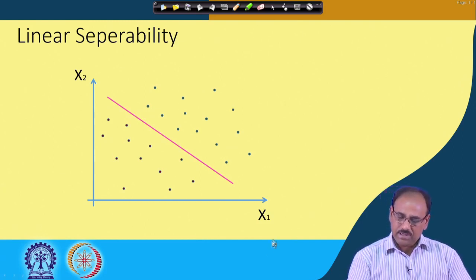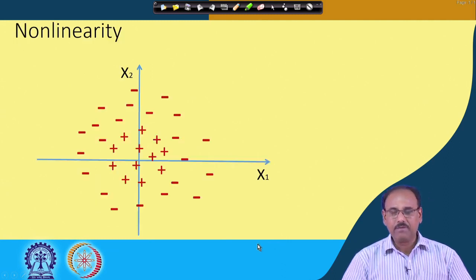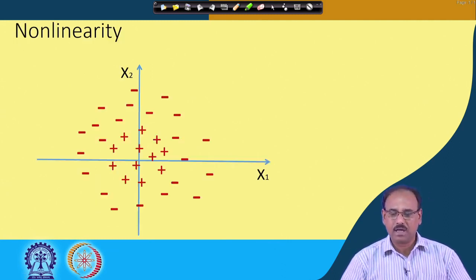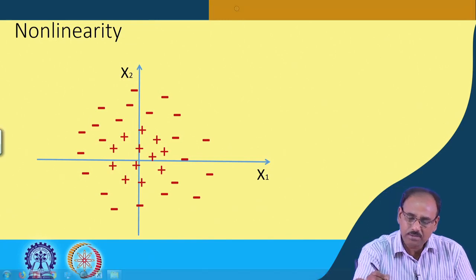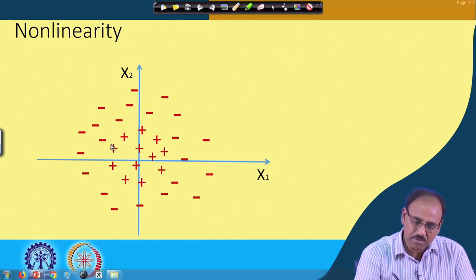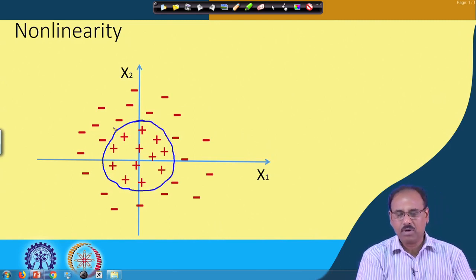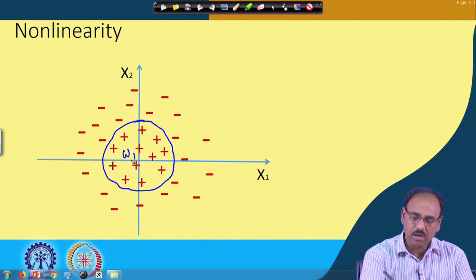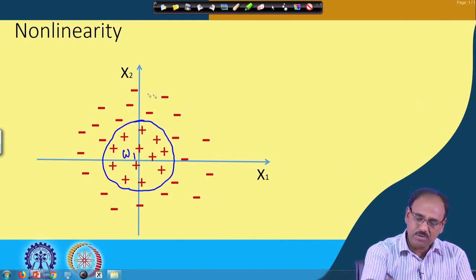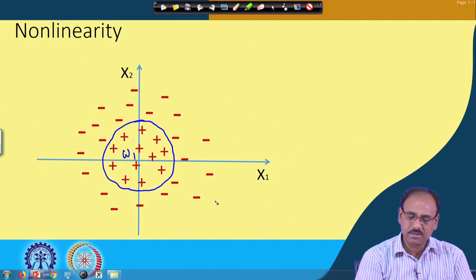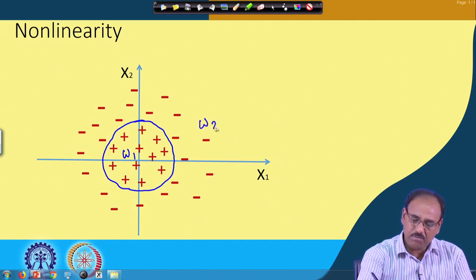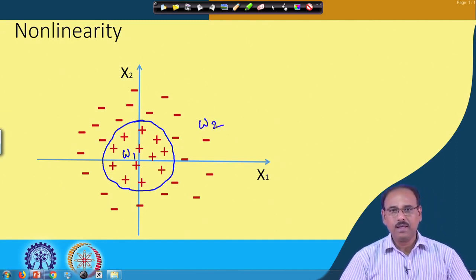But consider a case like this: if my feature vectors are of this form. Here, all the feature vectors marked as plus are the vectors belonging to one class, let us call it class omega 1, and all the vectors which are marked as minus are the feature vectors belonging to class omega 2.